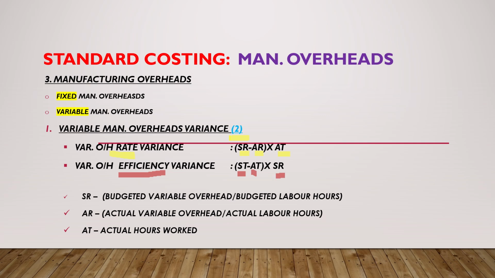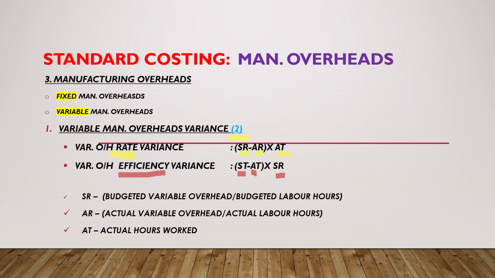Okay. So the tricky part with the variable manufacturing overhead is that you have a separate calculation for standard rate. You also have a separate calculation for actual rate. Actual time is always actual time worked, but these ones you have to calculate them. All right, how do you calculate them?